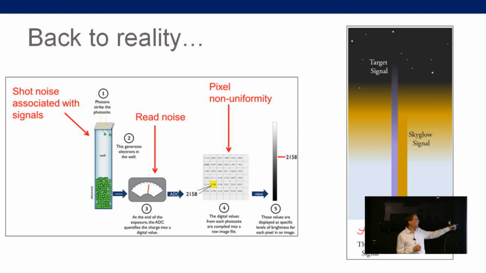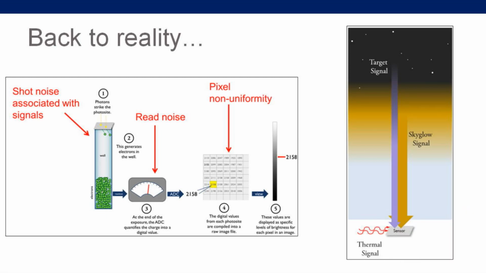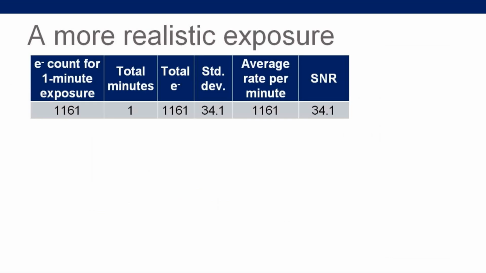You've got all the shot noise, you've got the read noise, but the biggest problem, you've got other signals. You've got the photons coming from your target, but you've also got photons coming from sky glow, and you've got the thermal signal. They've got their own shot noise, and you can't get rid of it. So sky glow, for most of us, is going to be the real problem.